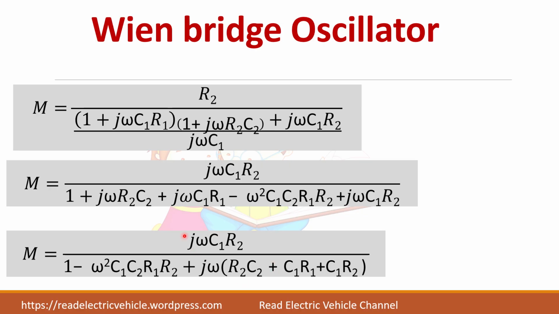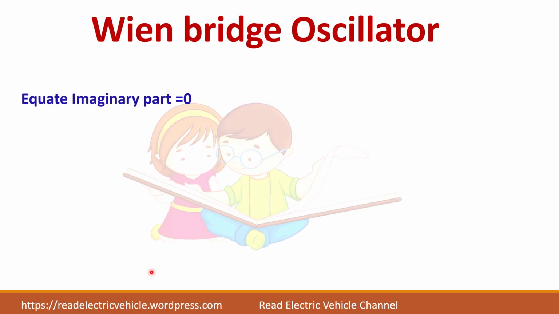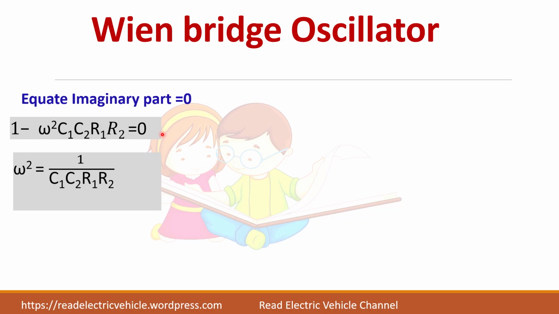Now if I divide by this one, this j omega will cancel. Actually this j omega will be here, so this is the imaginary part. So equate the imaginary part to 0. So this part is equal to 0. From that we can find what omega square is.